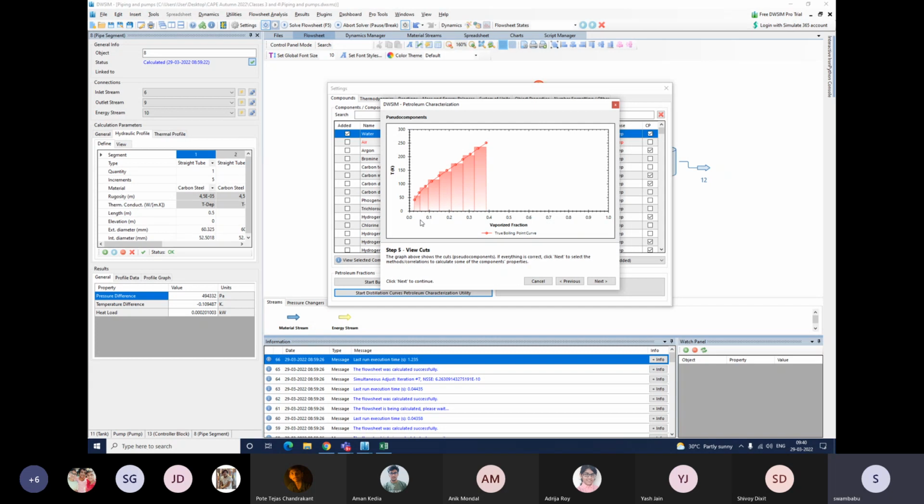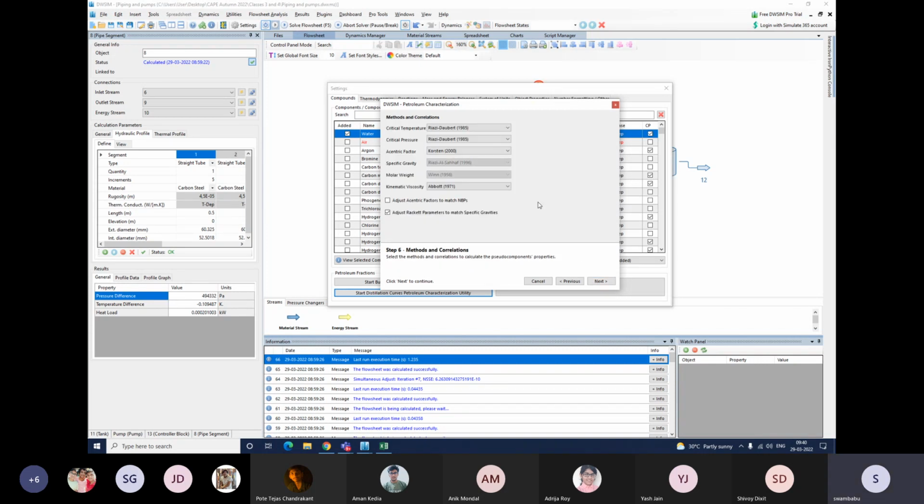The first cut could be in this range, the second cut in this range, the third cut in this range. That way, based on the number of pseudo components we are interested in, from this TBP curve it will define the average boiling point value of each pseudo component.